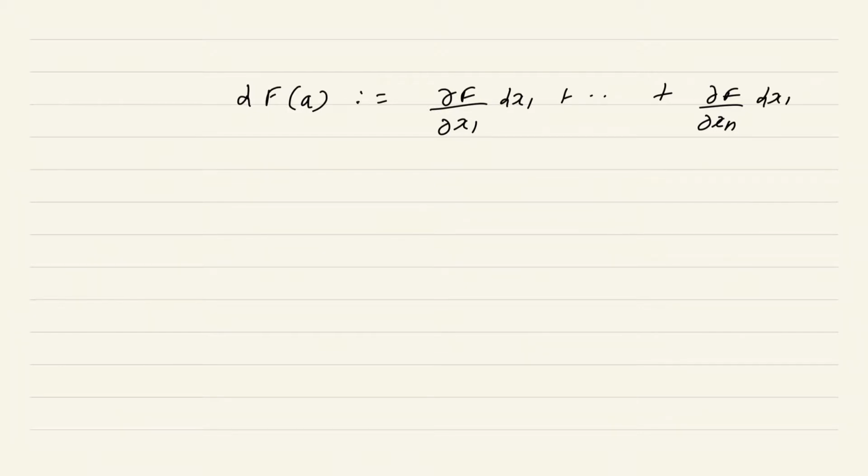We define another pseudo notation, df of a, to be del f by del x1 dx1 plus dot dot dot del f by del xn dxn. And this object is often called the total derivative.